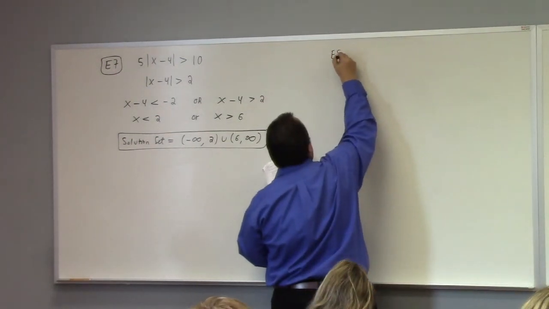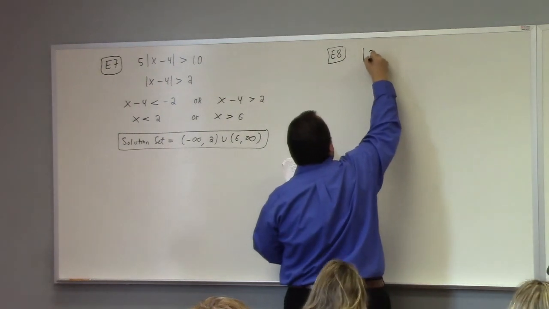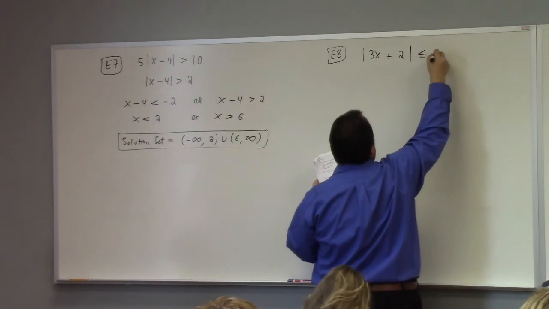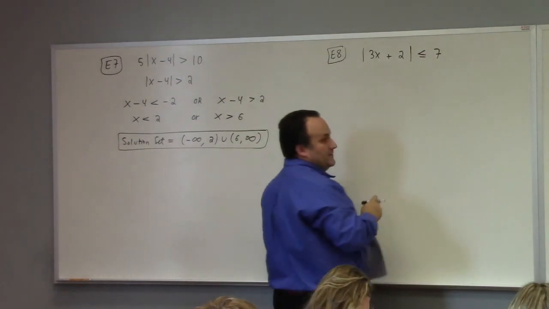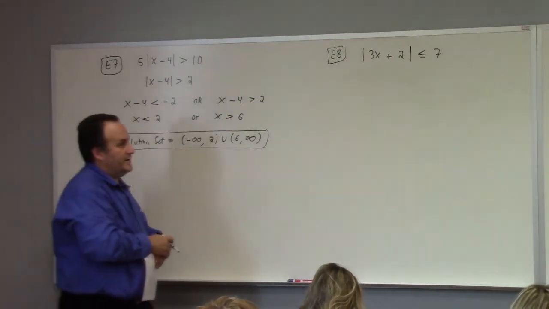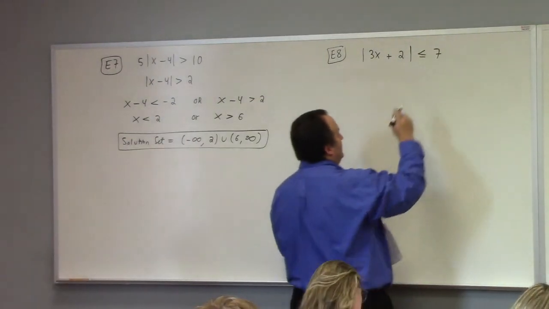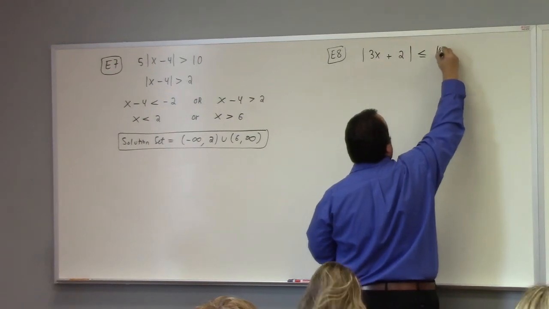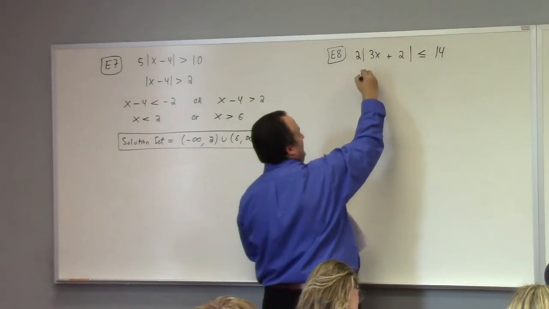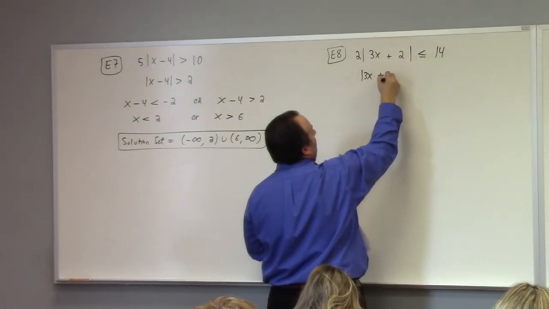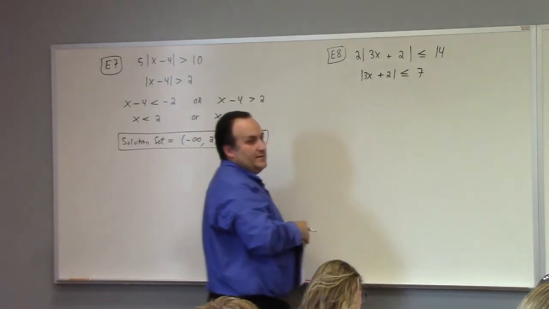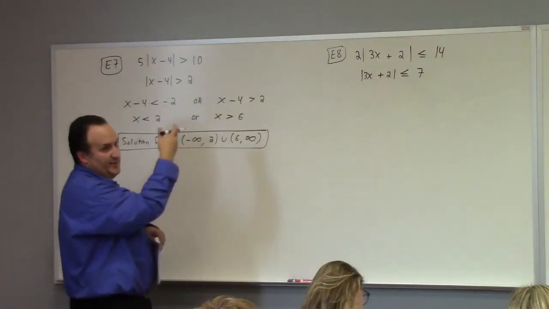I'll do another one here. What if I had an absolute value of 3x plus 2 is less than or equal to 7, let's say. Here, I'll make it more interesting. Let's make this 14, and then we'll put a 2 over here. First thing, I isolate the absolute value. Divide both sides by 2, and we get 7 here. Now, this is very different than the previous problem because this time we have less than or equal to.